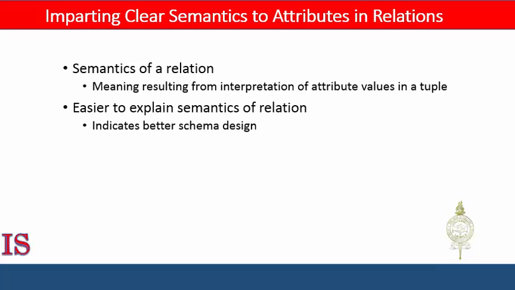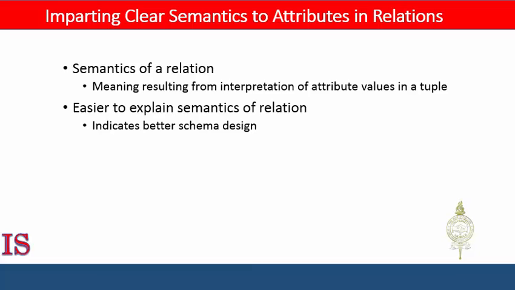In general, the easier it is to explain the semantics of a relation, the better the relation schema design will be. You may remember the company relational database that we designed during the series on ER diagrams. In that one, the meaning of the employee relation schema is quite simple.